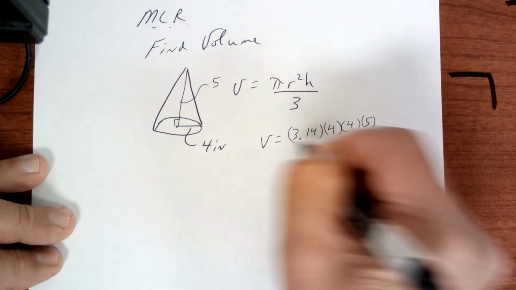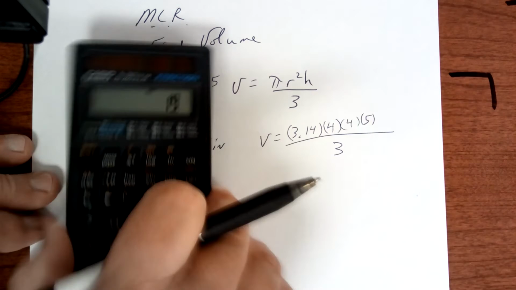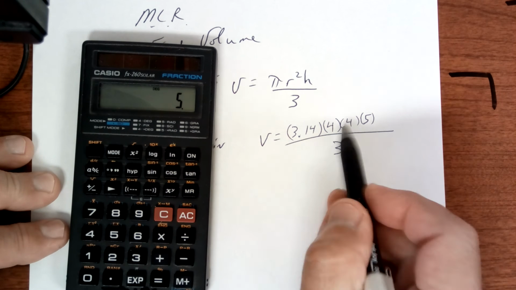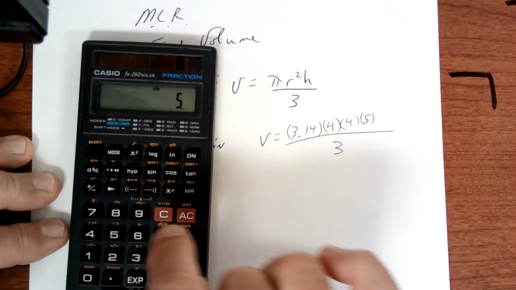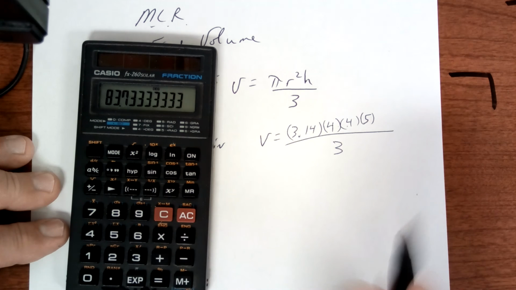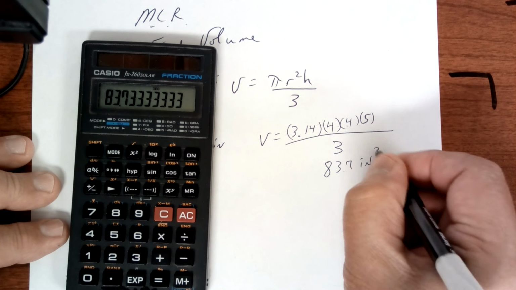And since it comes to a point, you have to divide by 3. So it's going to be 16 times 5, right? 4 times 4 is 16. And then times 3.14, press equals, divide by 3. I get 83.7 cubic inches. And that is volume.